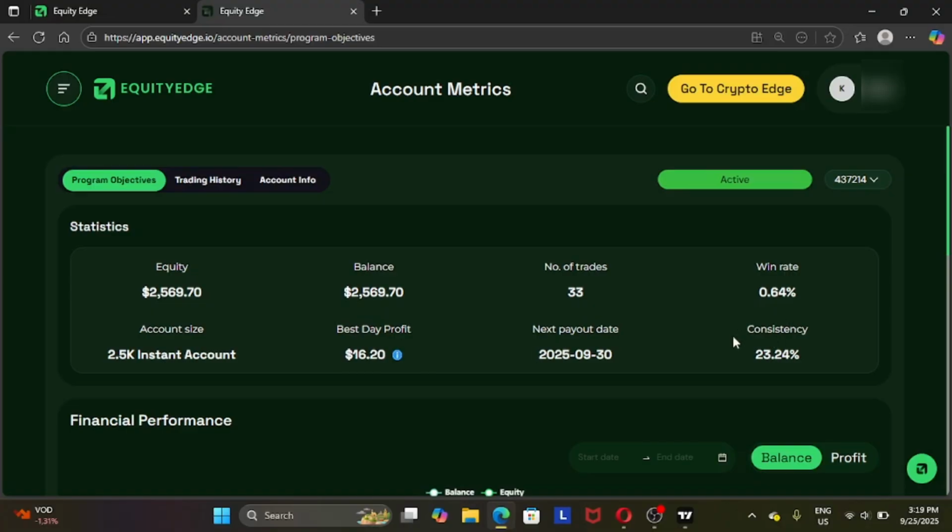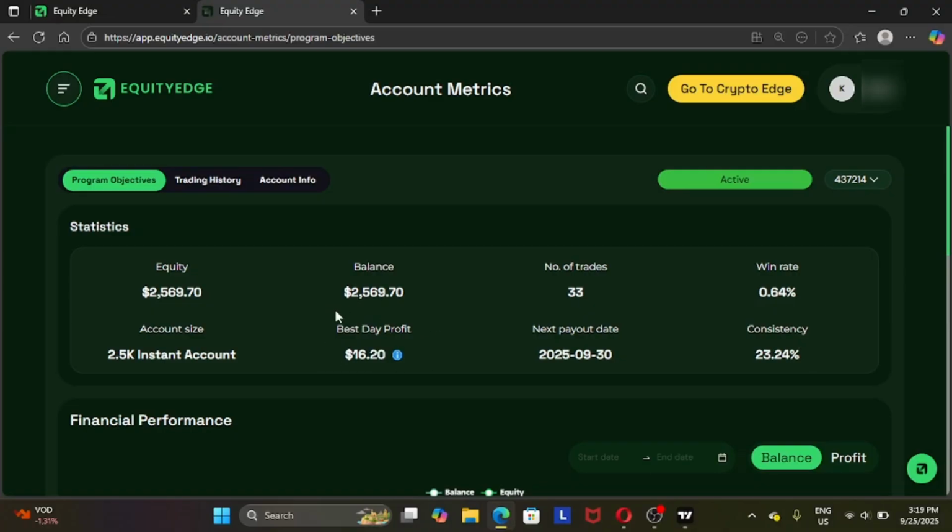This is the consistency score currently, right? This was a new addition from Equity Edge, which I think was good, because it will probably remind traders what their best day was, so that they can work within that, or they can increase it, but minding the consistency score. Okay, so I could increase risk or target $30.